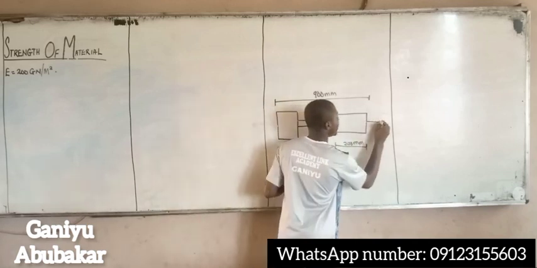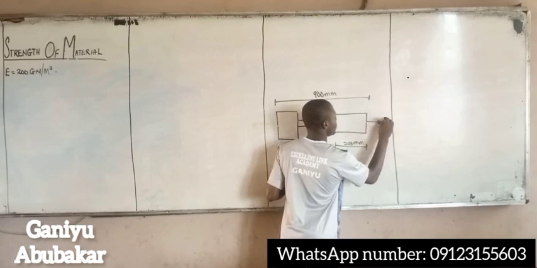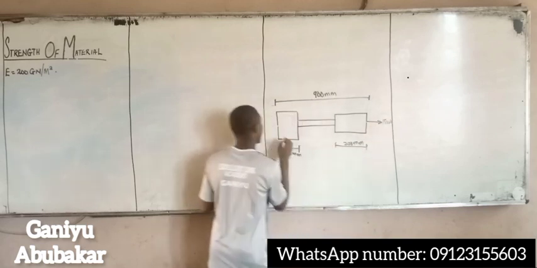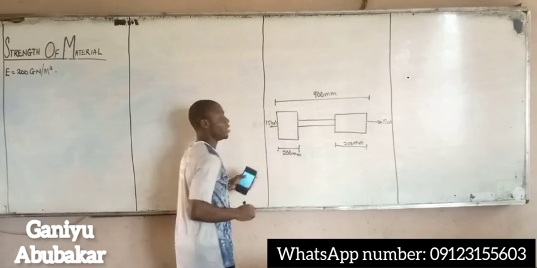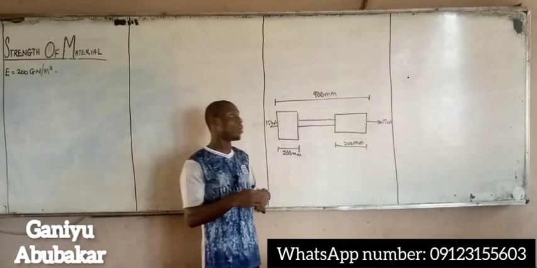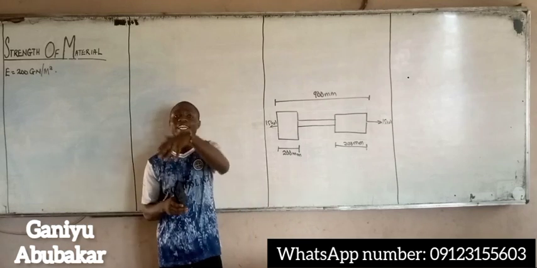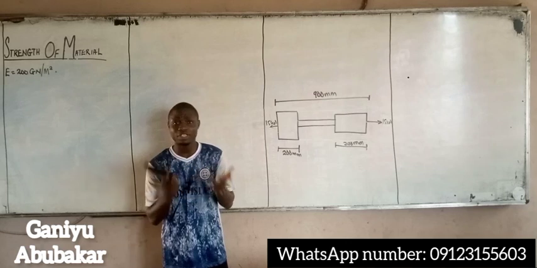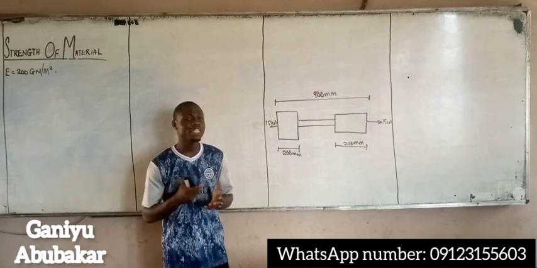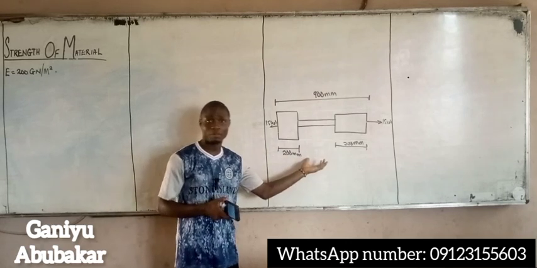For tensile, the arrows are going outward, 15 kilonewton. Now listen, here's a little concept. I can go ahead and start solving the question, but to make my work easier, I need to draw the diagram, right?